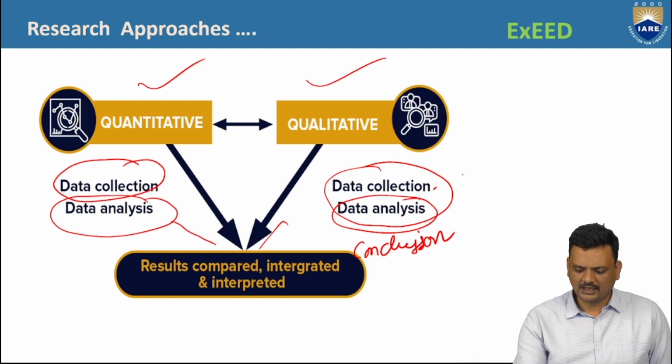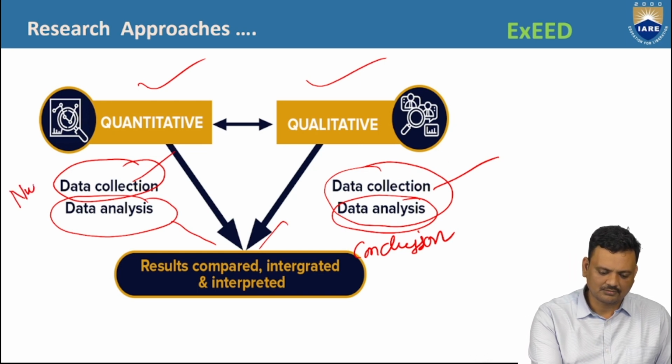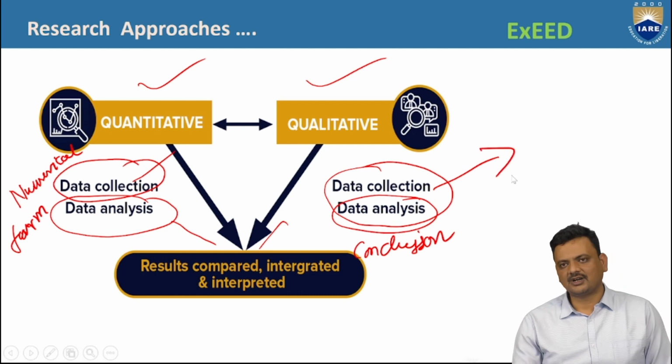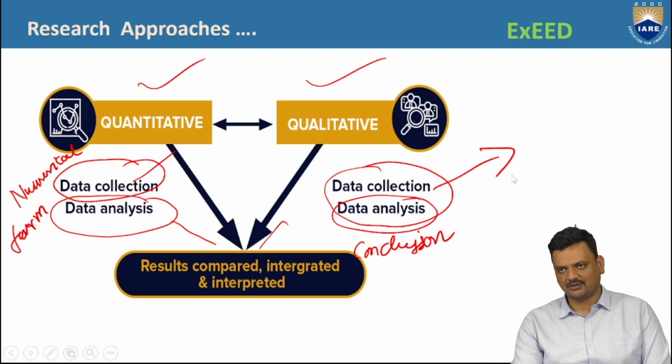So data is here also, but in the quantitative approach this data is in numerical form. In the qualitative approach this data is not in numerical form.